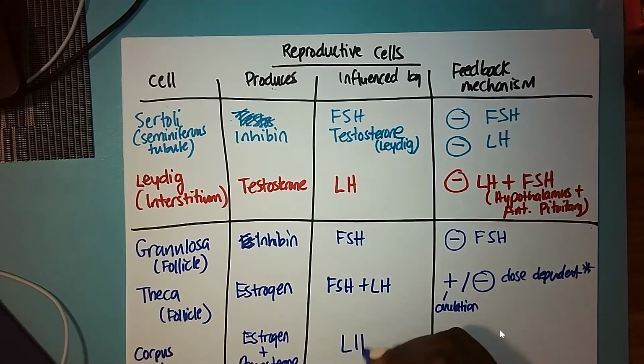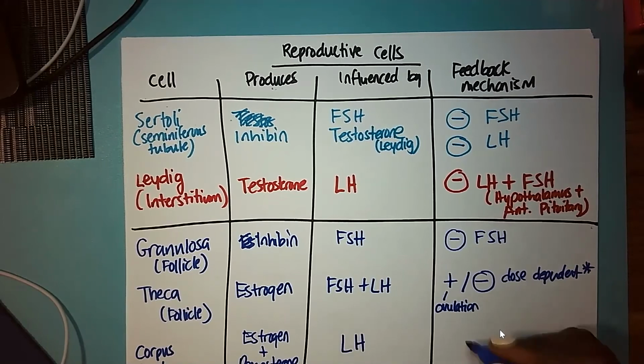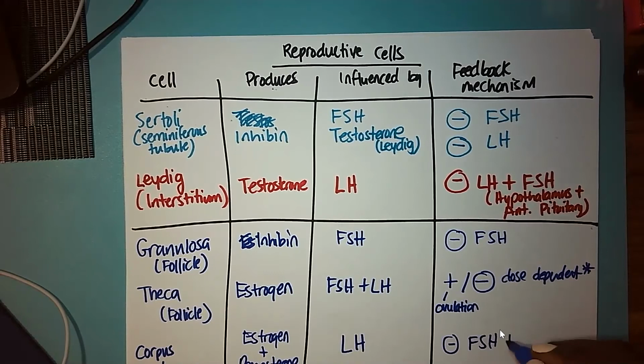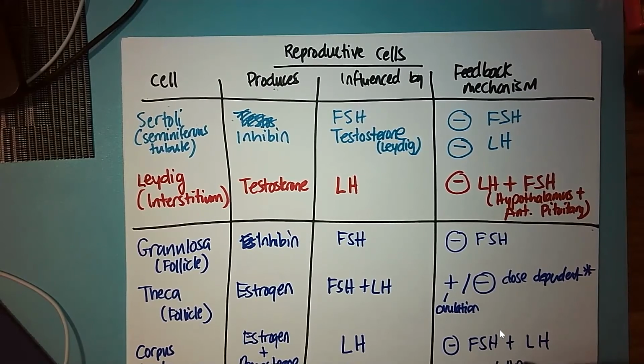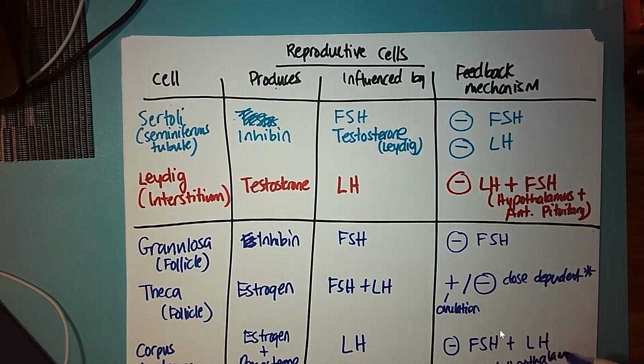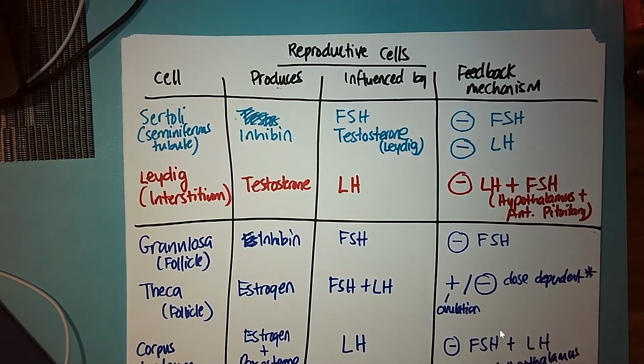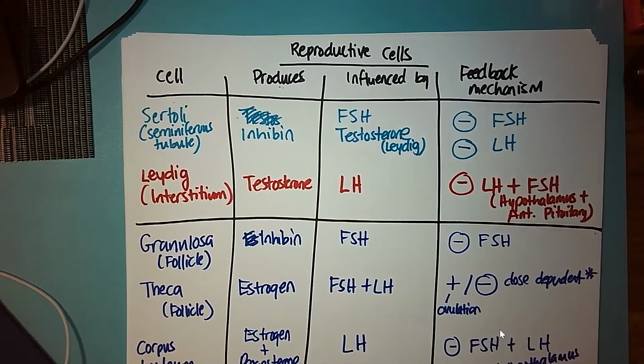This is under the influence of the luteinizing hormone, and it has a negative feedback onto FSH and LH, okay? Both of these feedbacks are going to be onto the hypothalamus and the anterior pituitary.